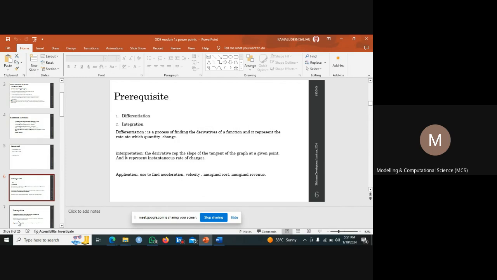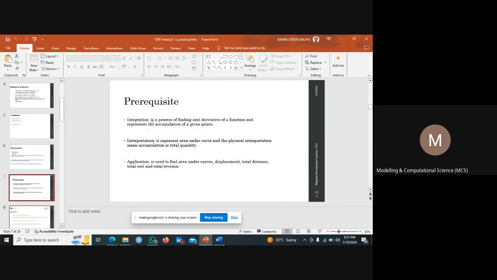Integration is the antiderivative of a function, that is, the opposite of differentiation, and it represents the accumulation at a given point. So from the definitions, differentiation focuses on the rate at which a quantity changes around us, while integration focuses on accumulation.